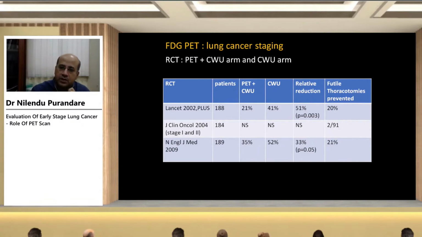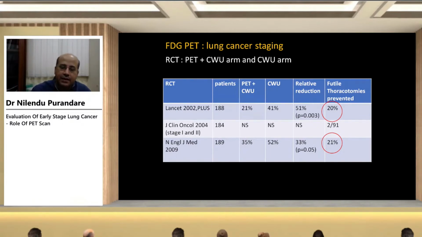One group had conventional workup, which in those days included a CT scan of the chest and upper abdomen, a radionuclide bone scan, and imaging with CT or MRI of the brain. In the other group, PET was added to the conventional workup. Such randomized trials showed that in nearly 15 to 20% of cases, futile thoracotomies were prevented, mainly because of detection of asymptomatic distant metastatic disease.